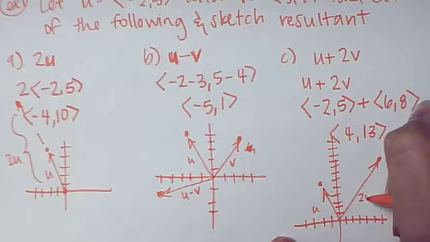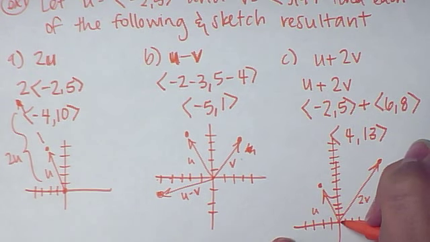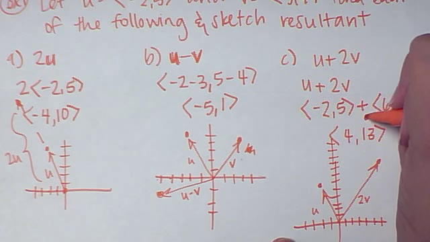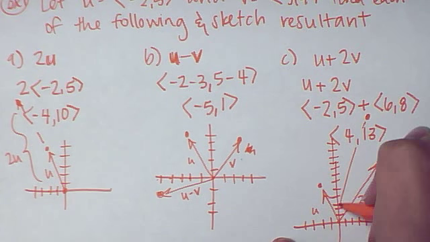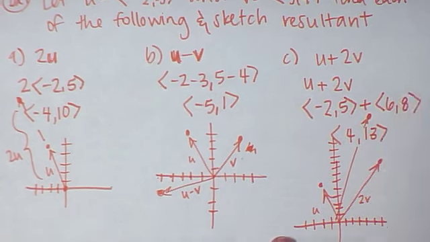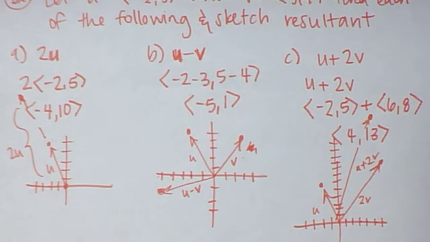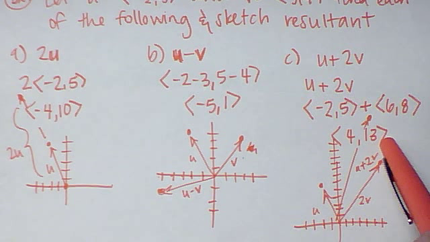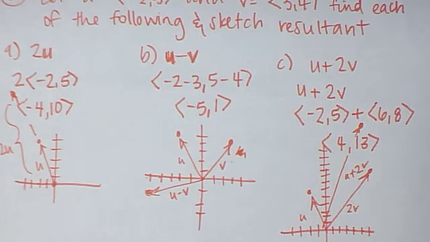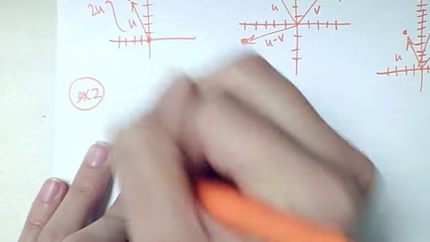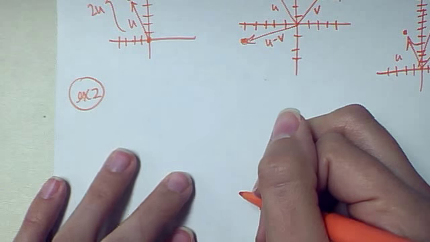This is u, this is 2v, and if I do u plus 2v, I'm going to end up at 4, 13, which is somewhere way up here, and that's my resultant vector. So you could do that for each one of those. I want you to both show your work to give me the final answer and then show me the resultant vector. The other thing that I want to show you how to do today is how to sketch the resultant.